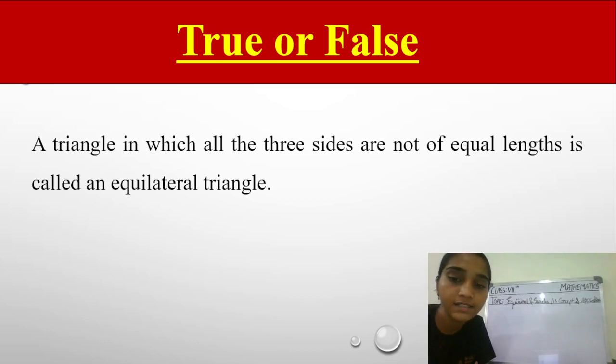You can write your answers in the comment section as T or F or true or false. What do you think? You can take a few more seconds so that everyone can respond, and mention your reasons also, why you think it is true or why you think it is a false statement.